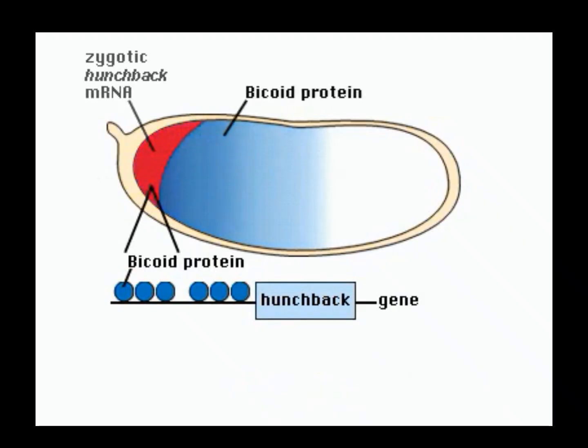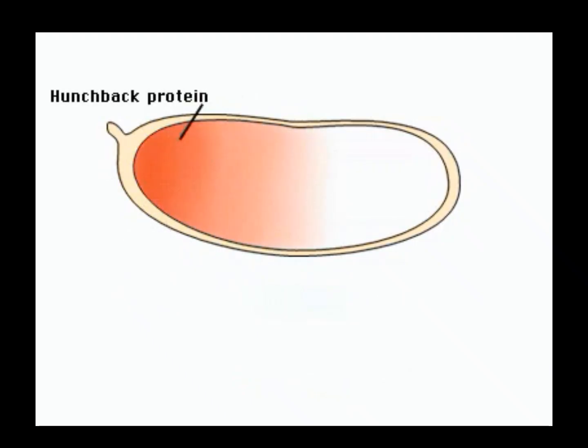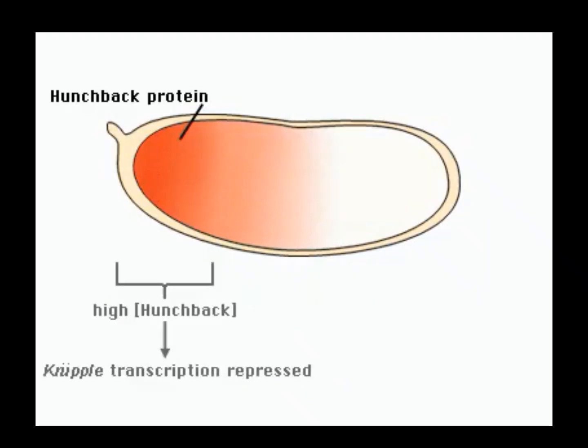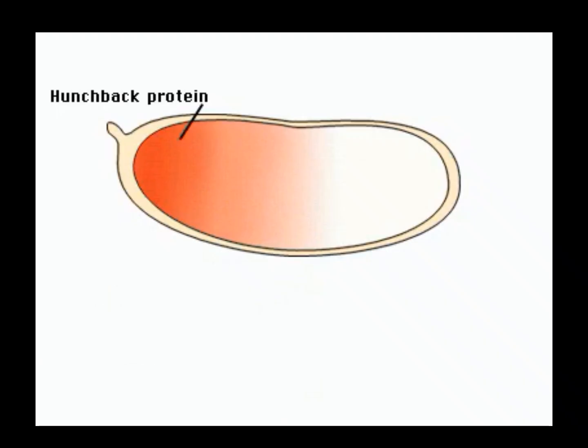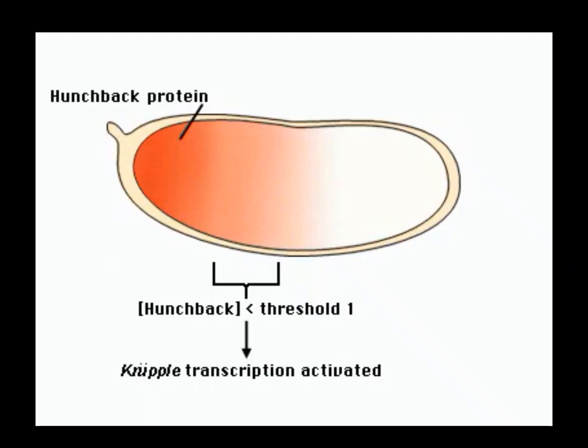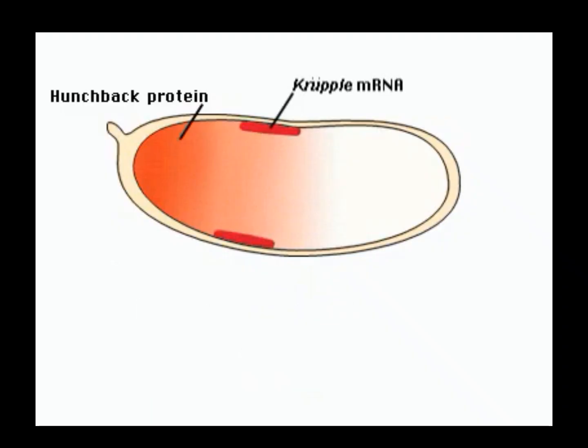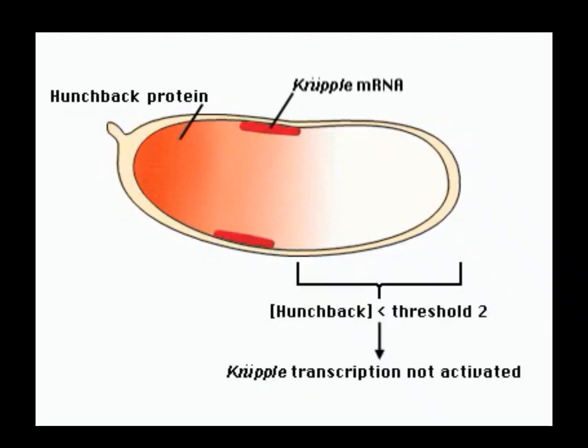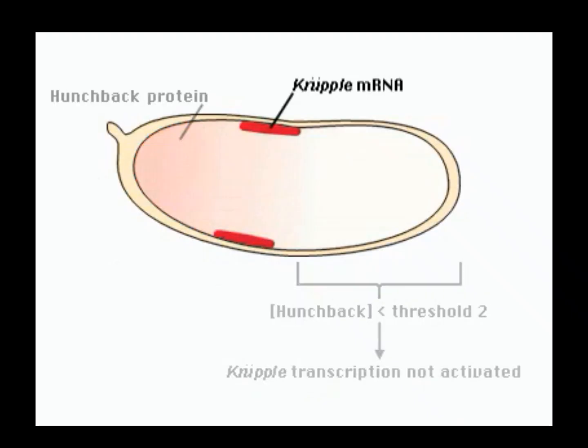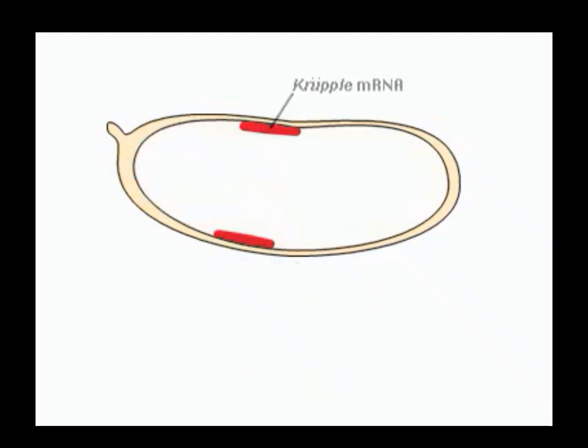The expressed hunchback protein is localized to the same region as bicoid. The hunchback protein acts as a transcriptional activator or repressor of several other genes, including Krüppel. At high concentrations, hunchback represses Krüppel transcription. Below a critical threshold concentration, hunchback activates Krüppel. At a second lower threshold concentration, hunchback no longer activates Krüppel. Thus, Krüppel protein localization is restricted to a central band of the embryo.